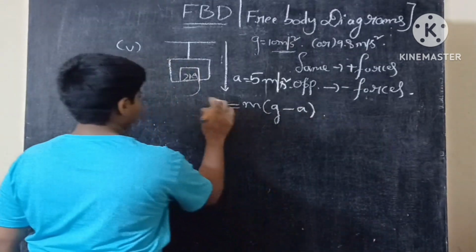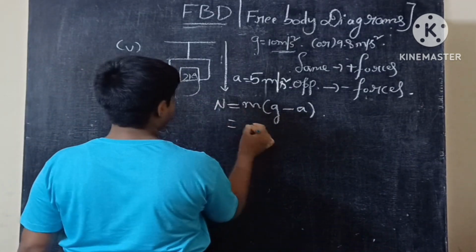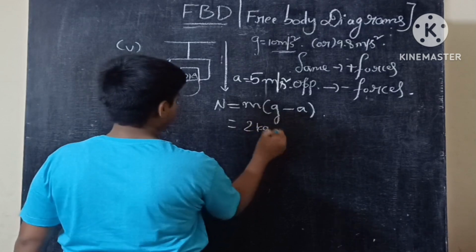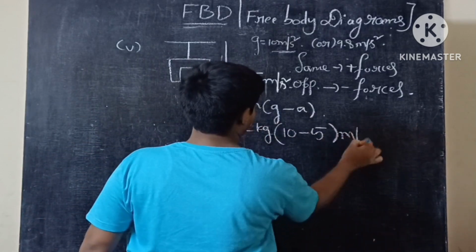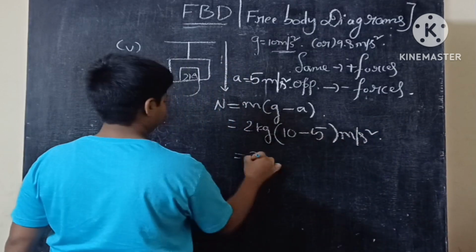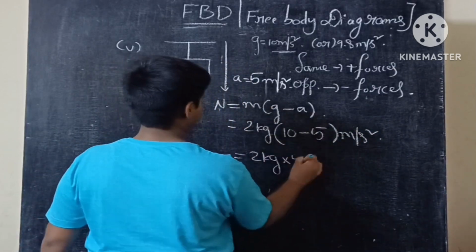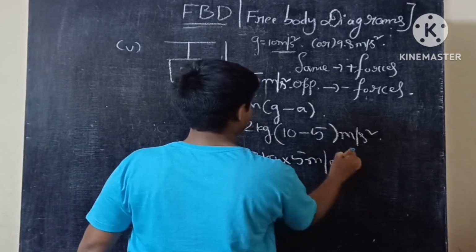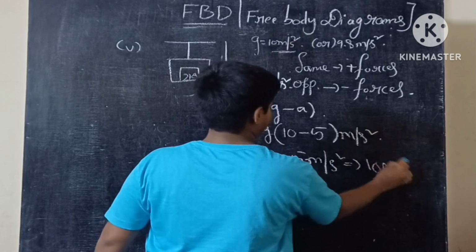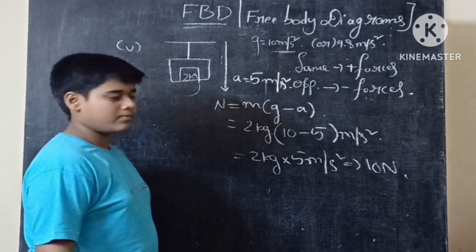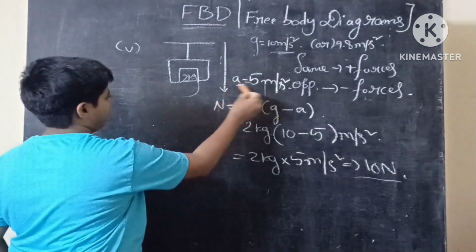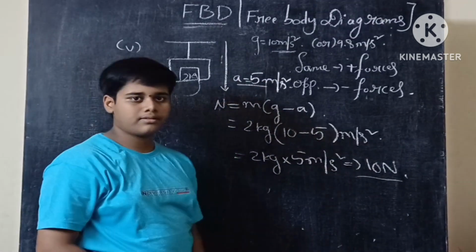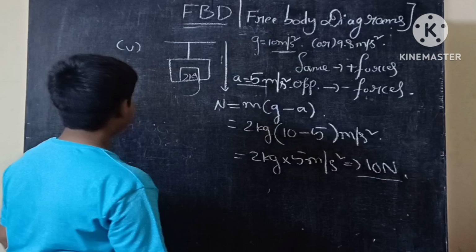So normal is equal to mass 2 kg into (gravity 10 minus acceleration 5 meter per second square), which means 2 kg into 5 meter per second square, which is nothing but 10 newtons. So this is the final force acting downward when they are coming downwards. So this is the fifth case.